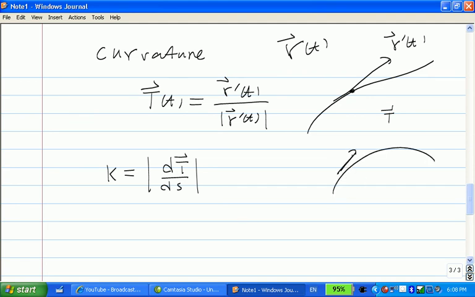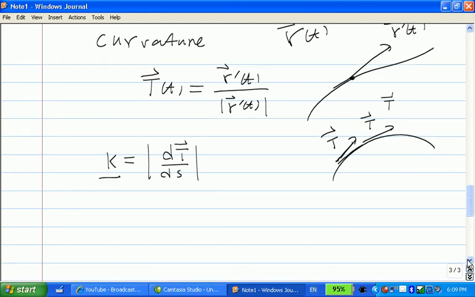Capital T is a tangent direction with magnitude 1. At a different point, you get a different tangent direction. So when the arc length is increasing for this curve, capital T is changing. Since the magnitude is 1, when T changes, it only changes direction. So this kappa describes how fast your direction changes when the arc length is increasing, which measures the curvature of your curve.